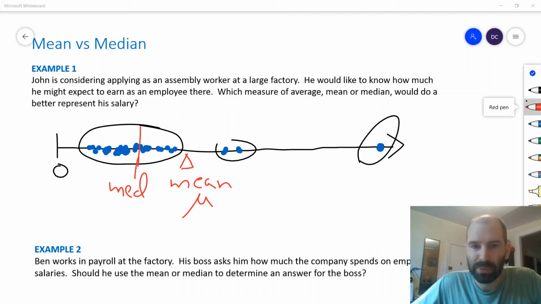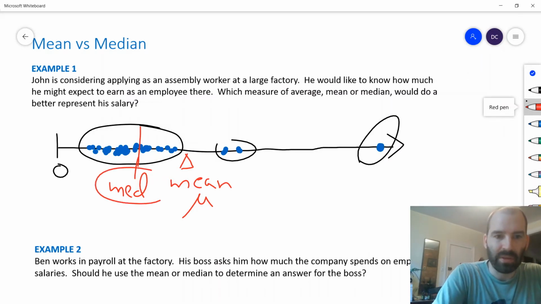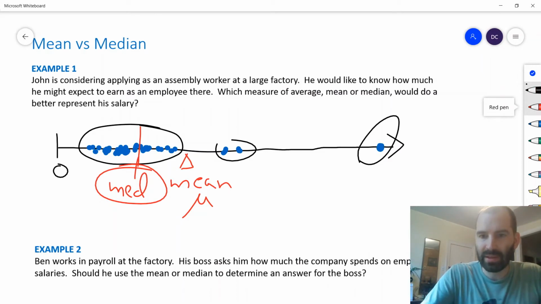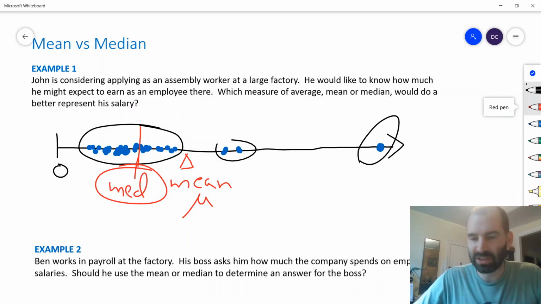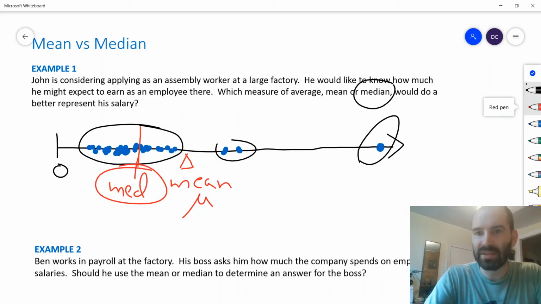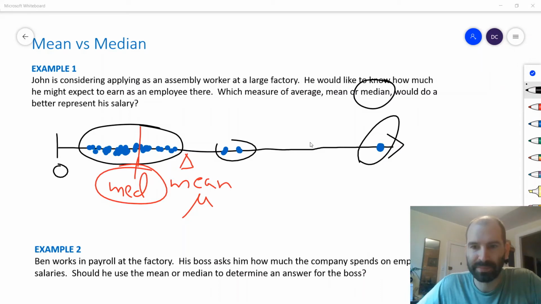Which one would better represent his salary as an assembly worker? Yeah, the median. The median would better represent John's salary because it's not influenced heavily by the CEO's salary and these managers' salaries. So the median is the best measure of average in this particular situation for John.